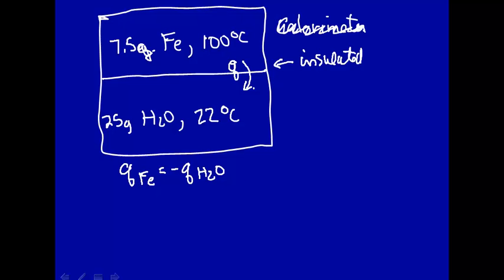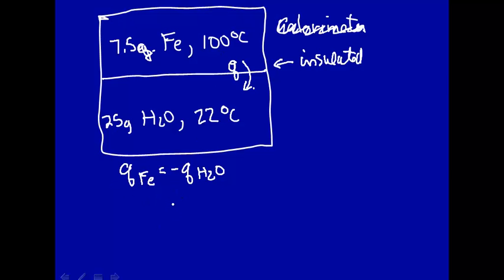So the heat lost by the iron is the heat gained by water. We're not doing any work, there's no expansion, so the energy change is just this Q that's transferred. And by the first law of thermodynamics, consider this an insulated, isolated system. The heat lost here has to equal the heat gained here. Or I should put the minus sign the other way.